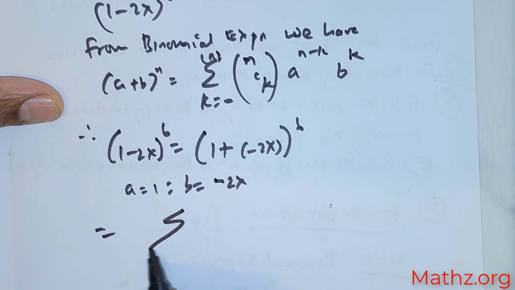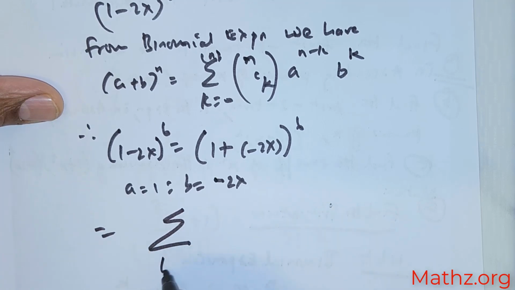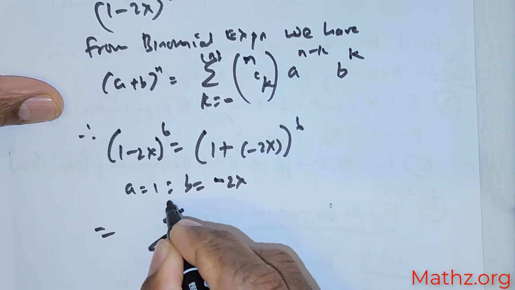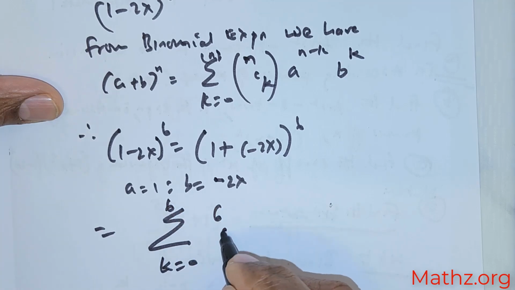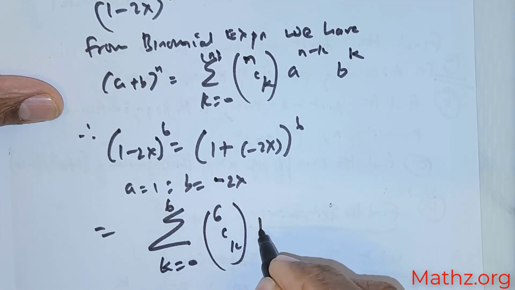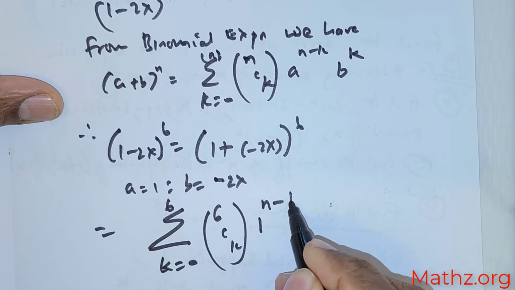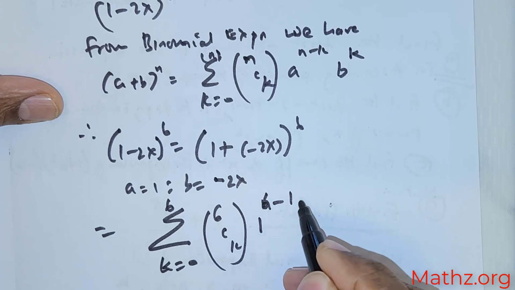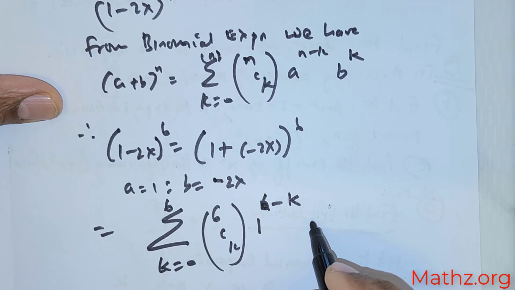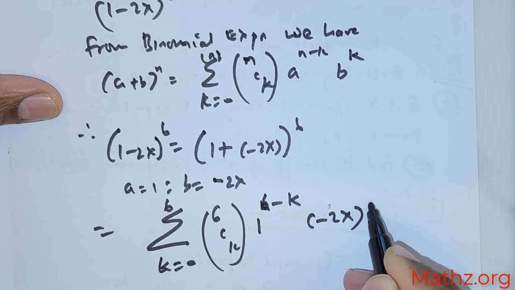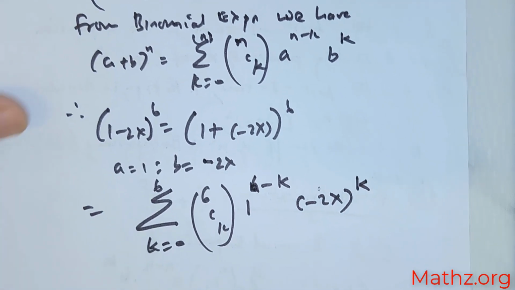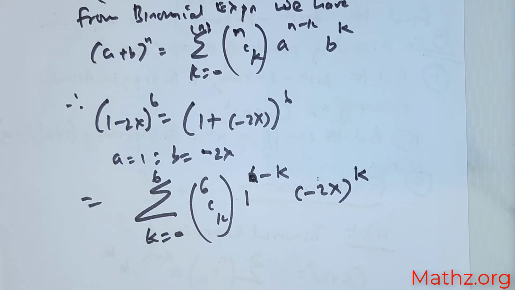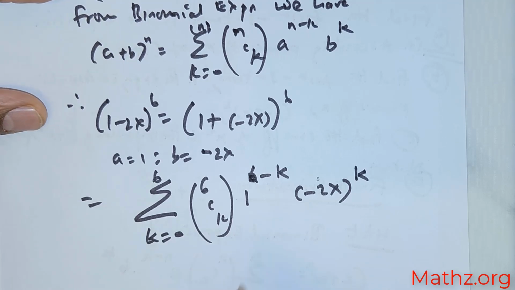So this can be rewritten as sigma k is 0 to 6, 6Ck times a, which is 1, raised to the power of n minus k, which is 6 minus k, times b, which is -2x, raised to the power of k. Okay, so that's exactly what we've got. Now we need to expand this.